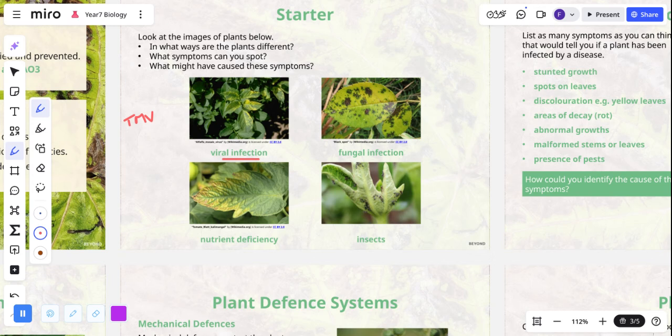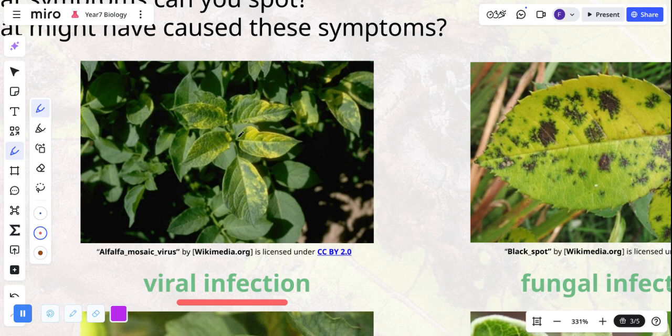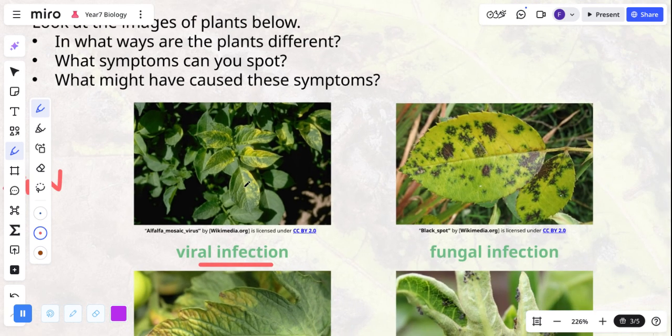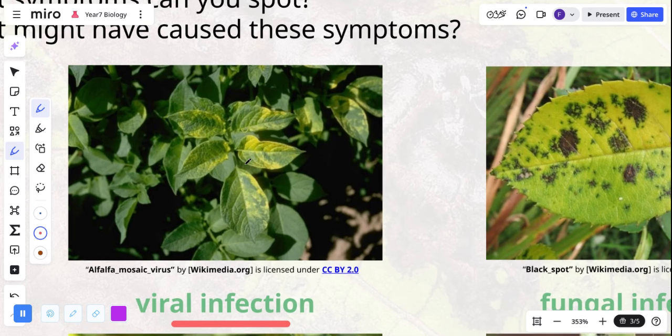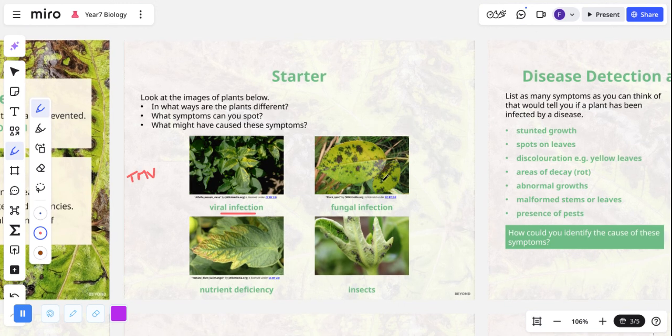I hate tobacco, I think it's just a ridiculous thing. You'll look at a virus that attacks tobacco plants and it's called tobacco mosaic virus. And this is how you can see tobacco mosaic virus: there's discoloration of the leaves. This is actually not tobacco, this is alpha mosaic virus, but we tend to look at TMV.